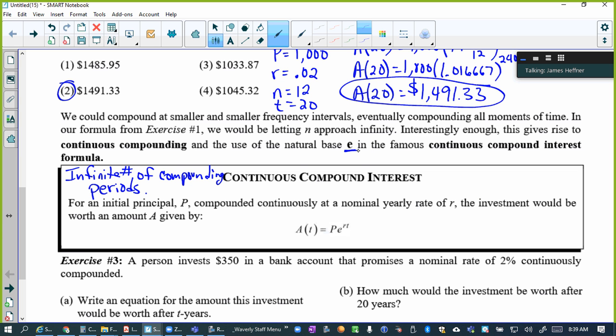It was discovered by, I think, a Swiss mathematician a couple hundred years ago, right? So this e is known as Euler's, E-U-L-E-R, Euler's number, okay? Or some people call it the natural logarithmic number.